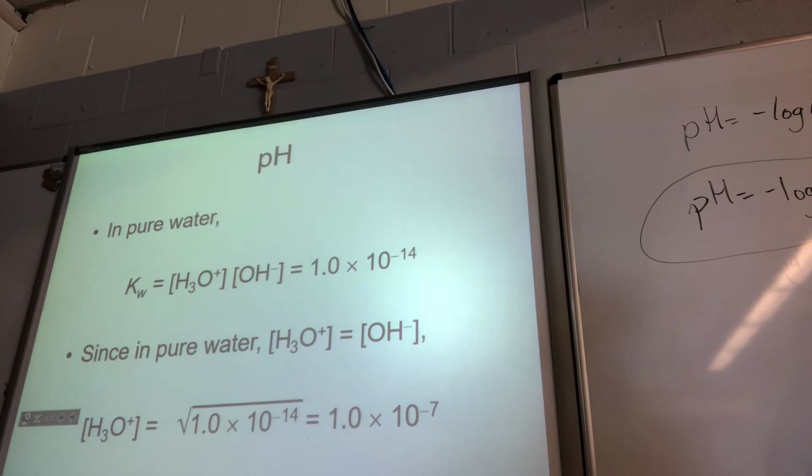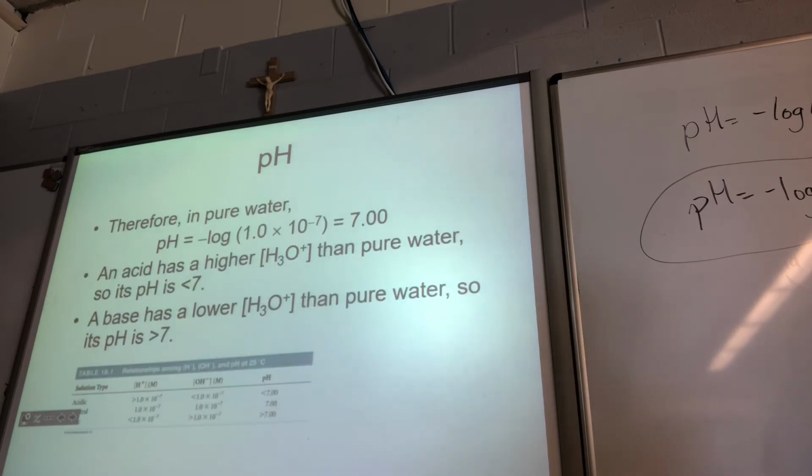It's neutral. I love it. On the pH scale, what is neutral? 7. If you take that 1 times 10 to the negative 7 and plug it into the pH equation, you're going to get that pH equals 7. Wow.